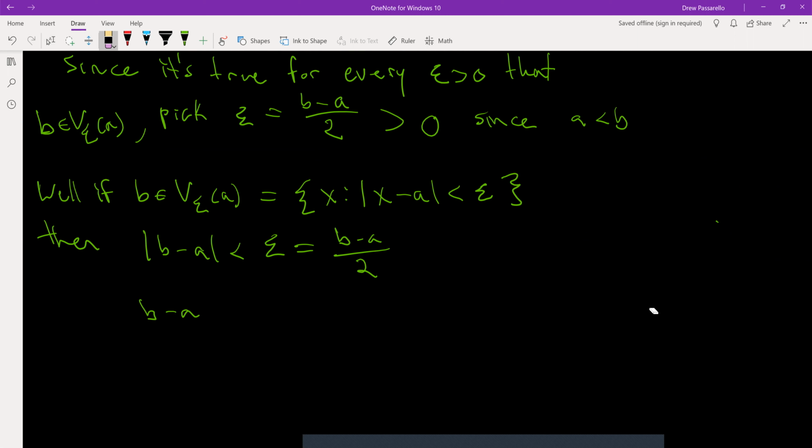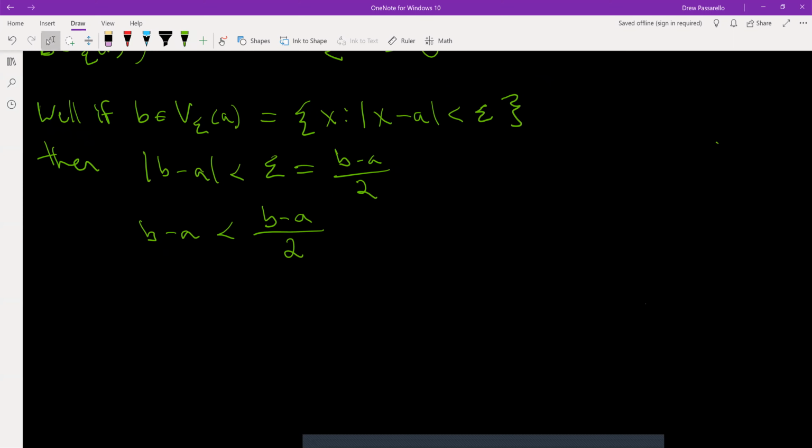And I could get rid of the b minus a on both sides, because that's not going to be 0. So I could divide both sides by b minus a, and then I'll have 1 less than 1/2, which is absurd. So this doesn't make sense.